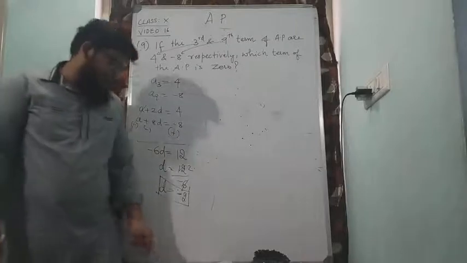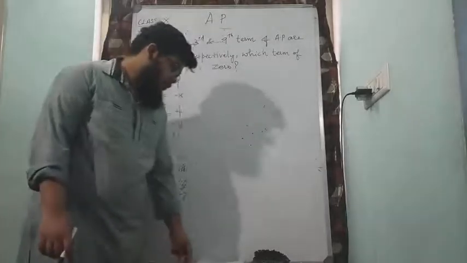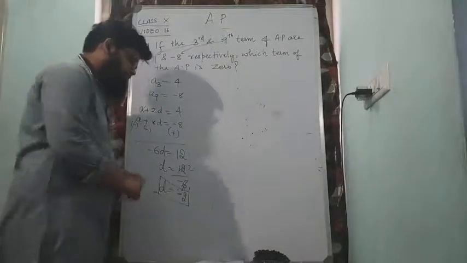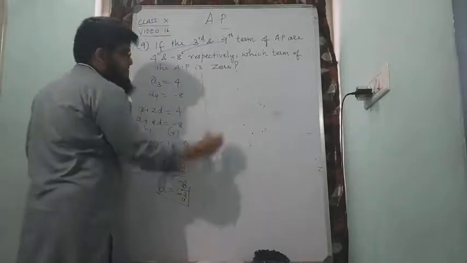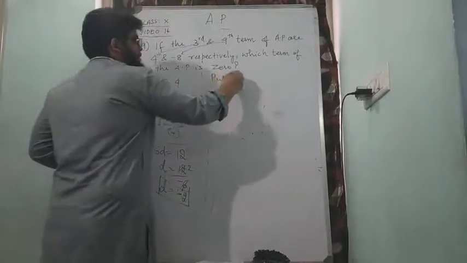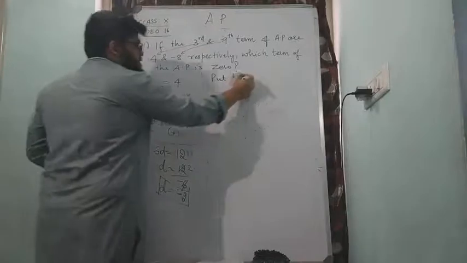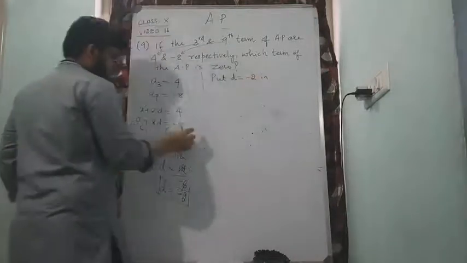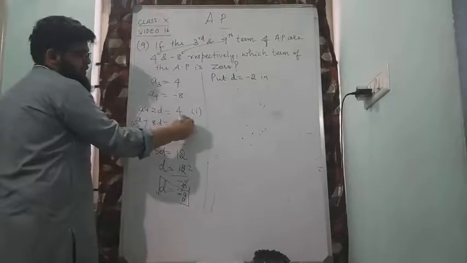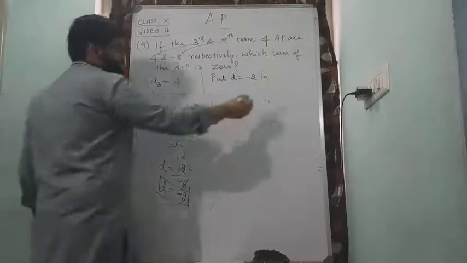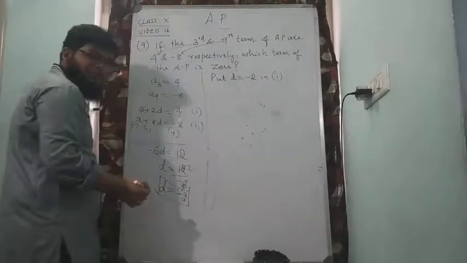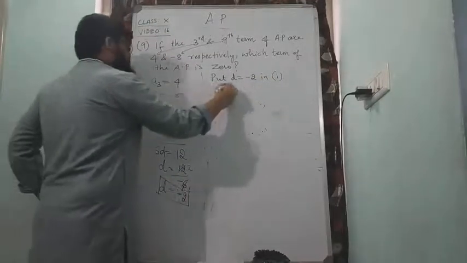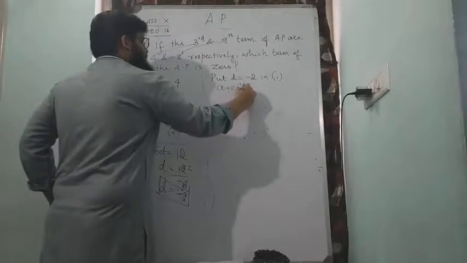After getting the value of D, let us now find out what is going to be the value of A. Put D equal to minus 2 in any one equation, this one or this one. You can call this 1, this 2. So I'll take the first one. If you want, you can also try with the second one. First equation is A plus 2D equals 4.